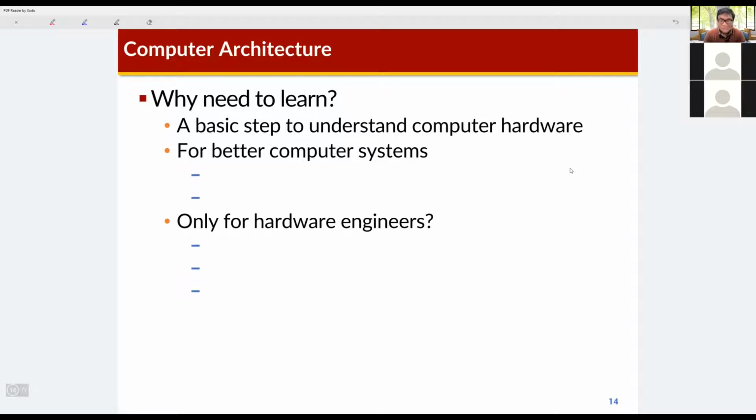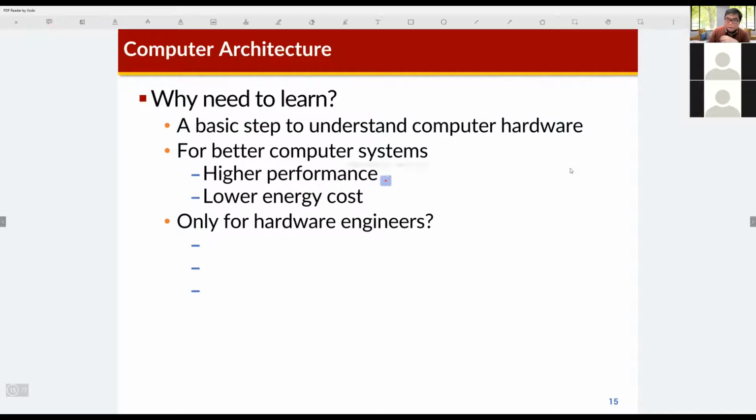Yeah, it's a good answer. So better performance, as I mentioned, better performance and low cost. Higher performance than the old desktop or old laptop computers. Also lower energy cost or power consumption cost.